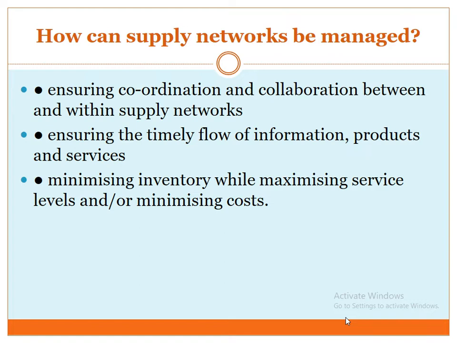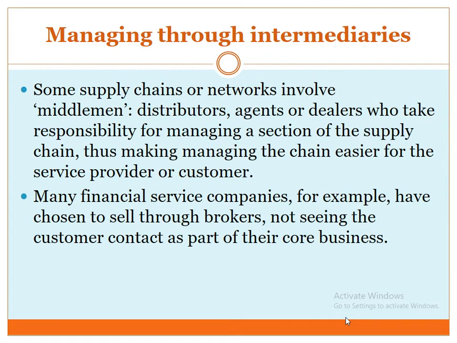That includes disintermediation, then managing through intermediaries, then outsourcing and offshoring, then developing the supply partnership, then the purchasing or procurement function, supply selection, measuring the performance, that is service level agreement, and understanding the barriers to supply chain management. So we'll start with managing through intermediaries.